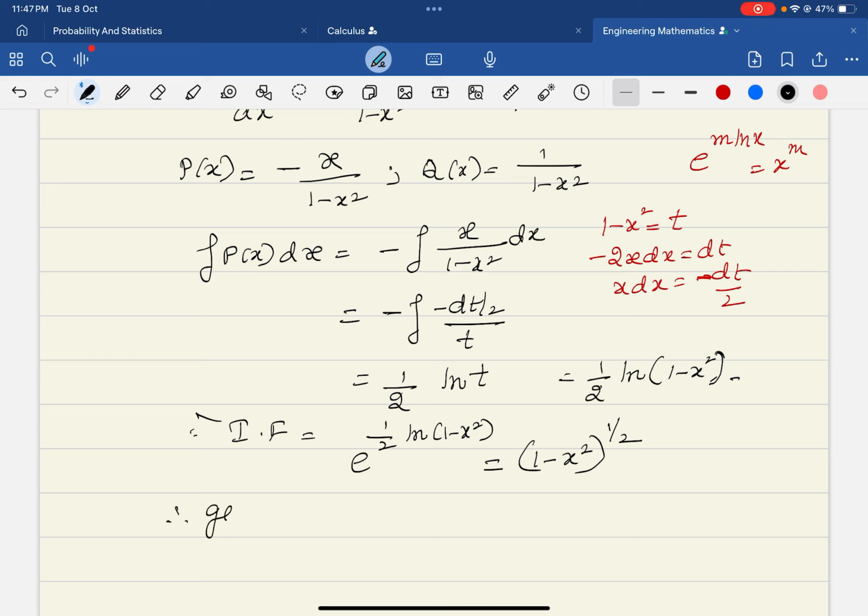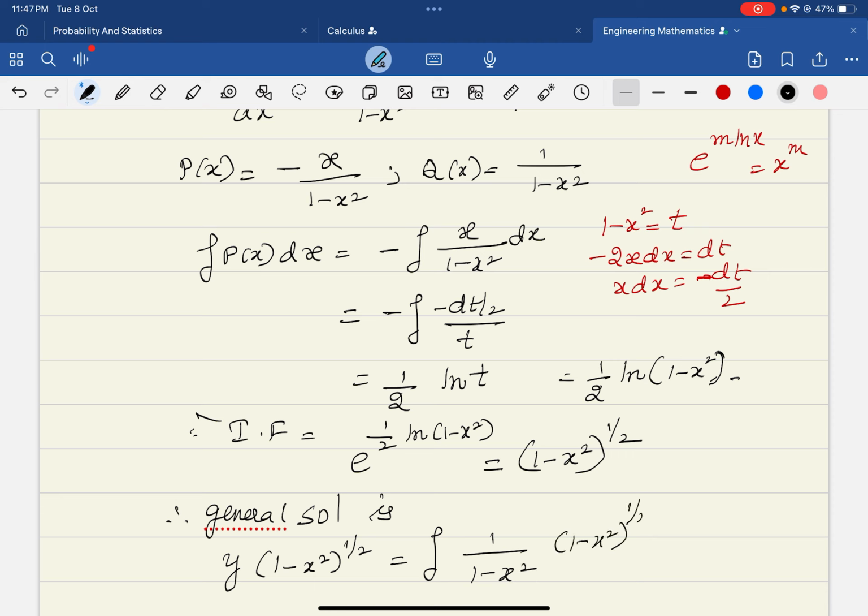So therefore, what is the general solution? The general solution is y times the integrating factor, which is (1 minus x square) power half, equal to the integral of q, which is 1 over (1 minus x square), times (1 minus x square) to the power of half dx.